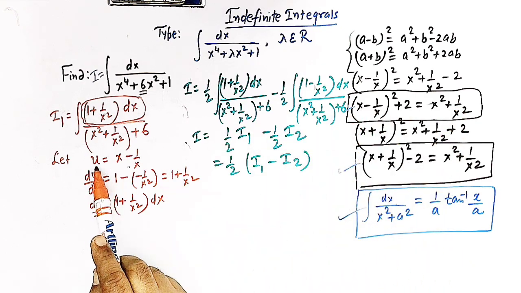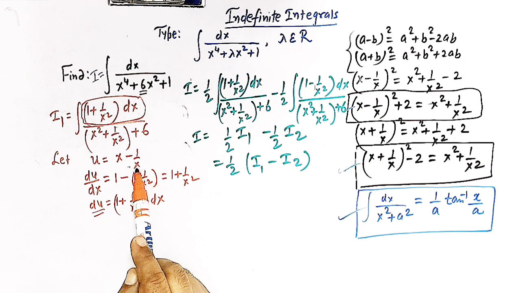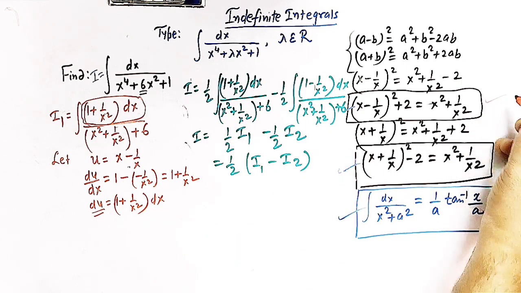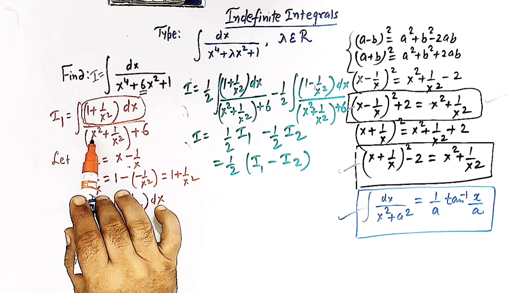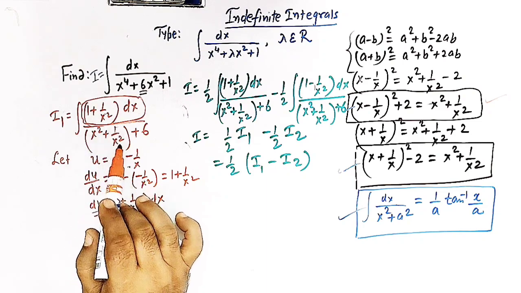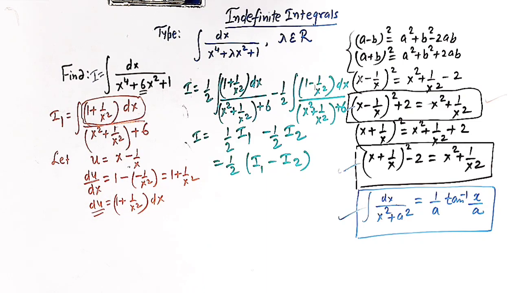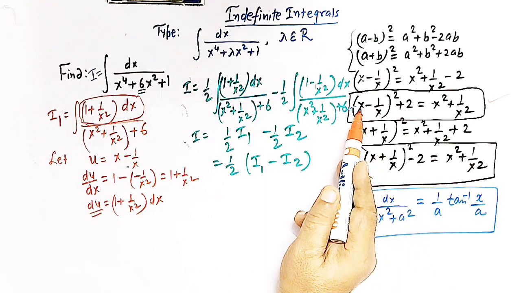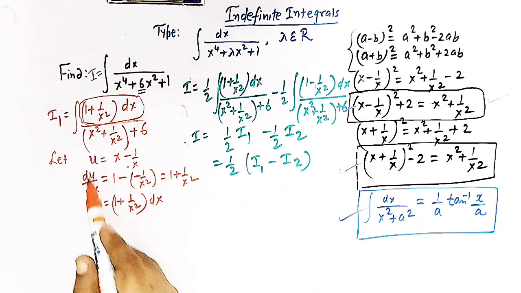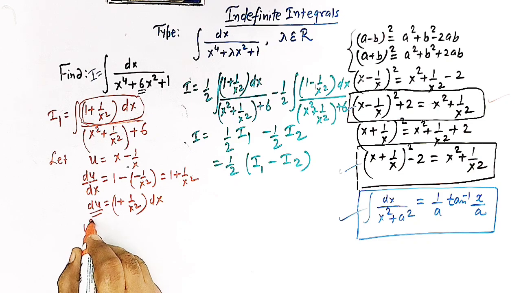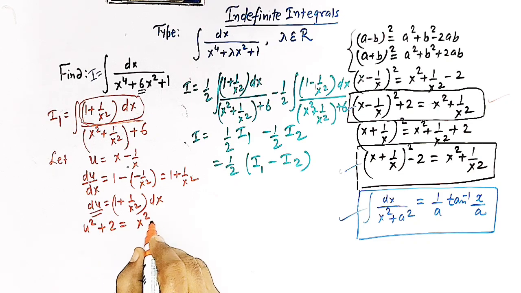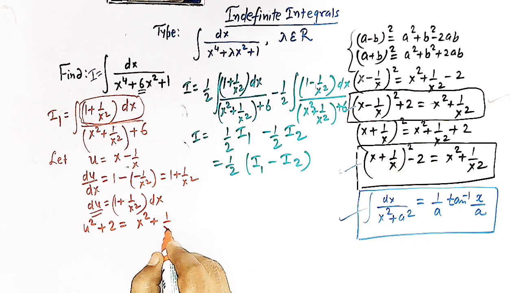Because here we are taking u is equal to x − 1/x, we'll make use of this expression to express x² + 1/x² in terms of u. So taking x − 1/x as u, we can write u² + 2 is equal to x² + 1/x².